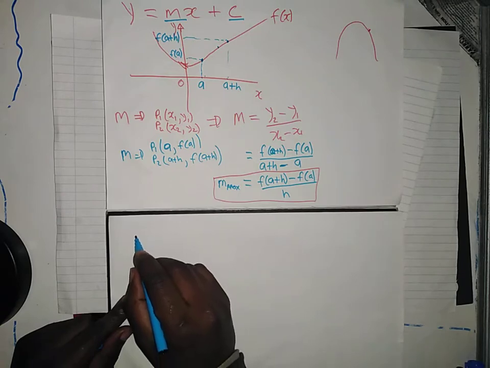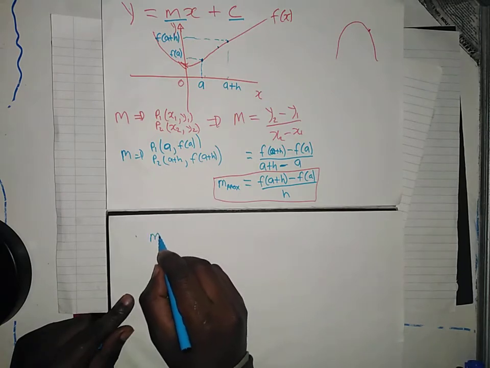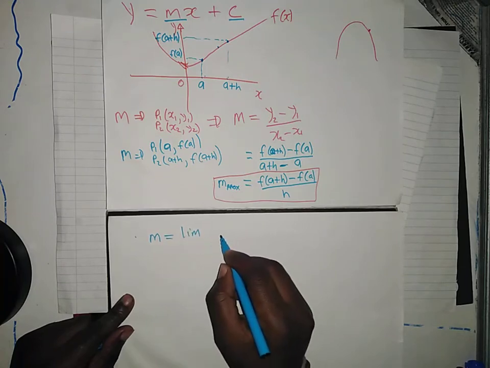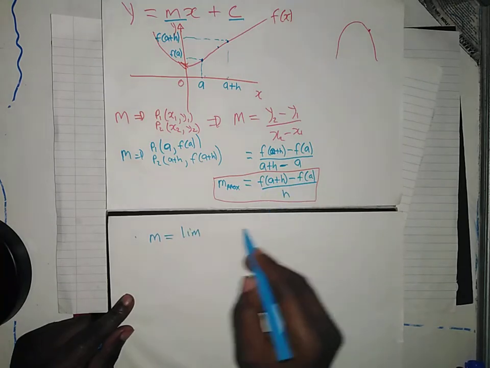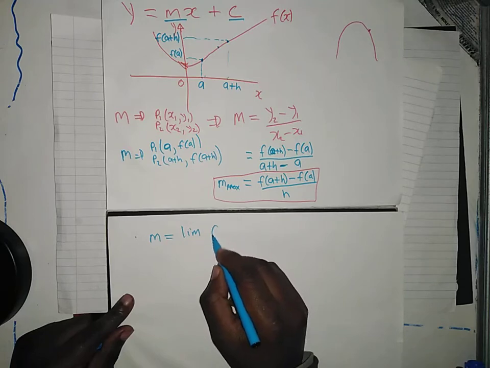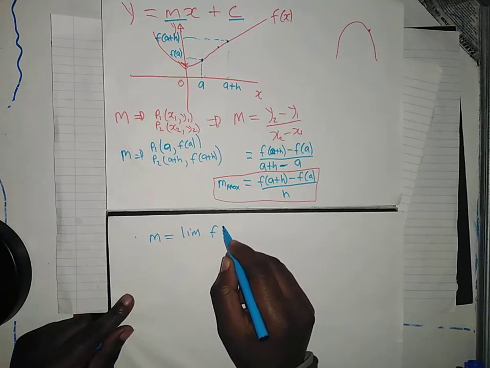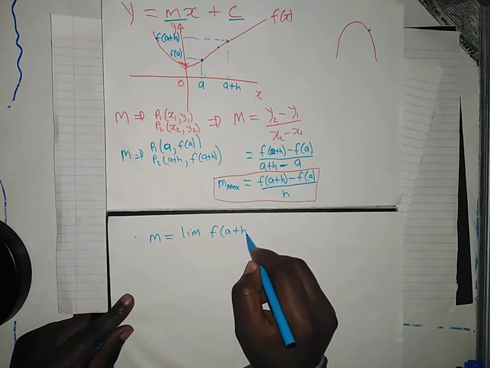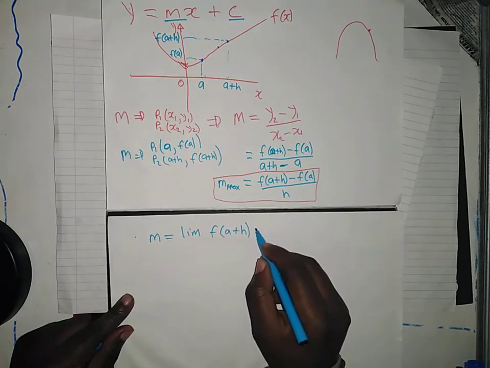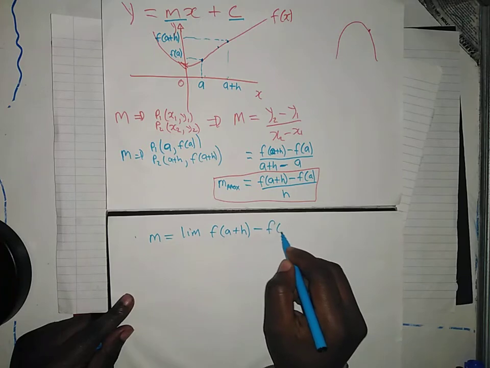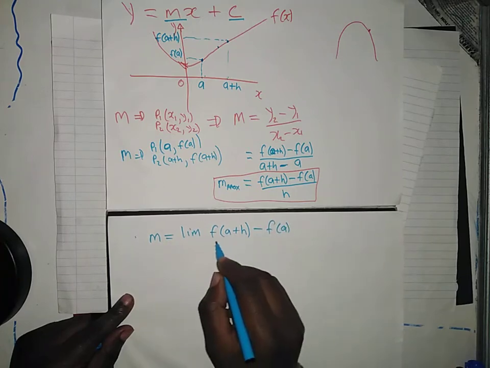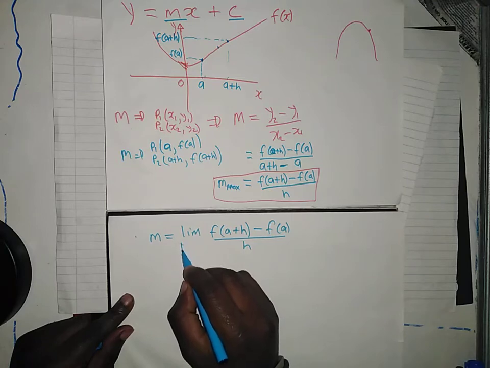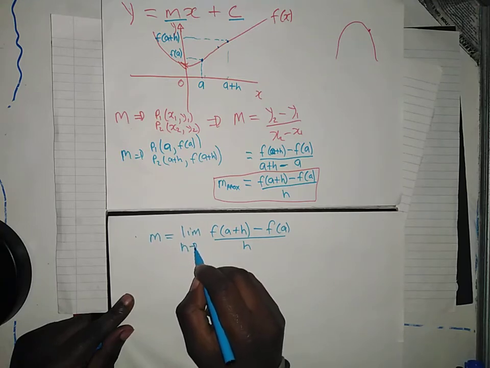You say m is a limit of this thing that we have already found, which is f at a plus h minus f at a all over h as h tends to 0.